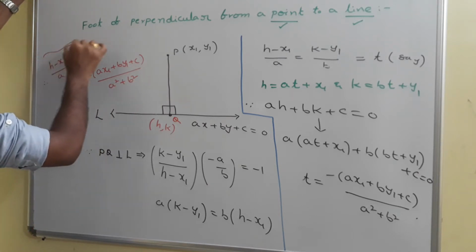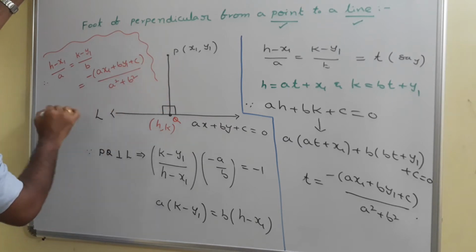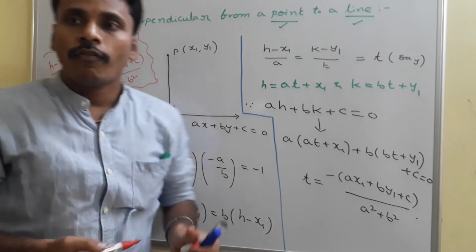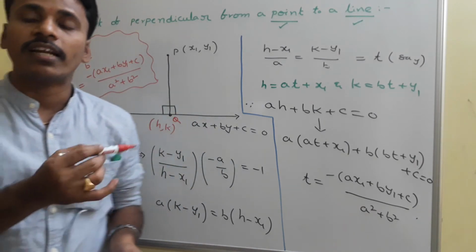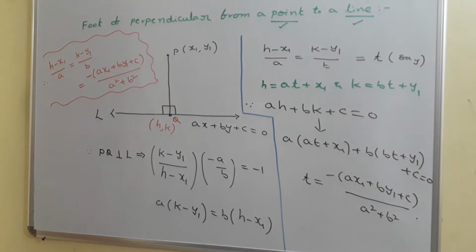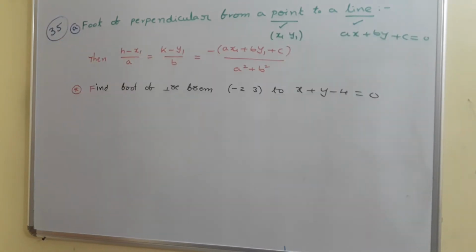We use this to find that h comma k. Once have a look at this, finding the foot of perpendicular from a point to a line. Just we derived a formula here and then we move further.